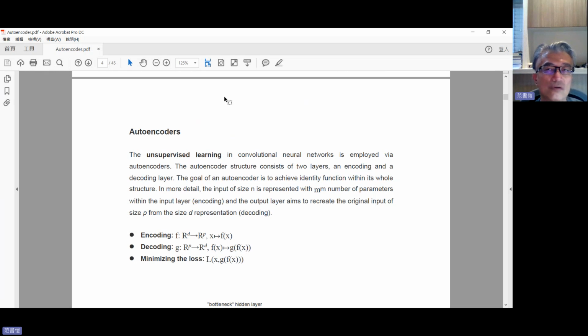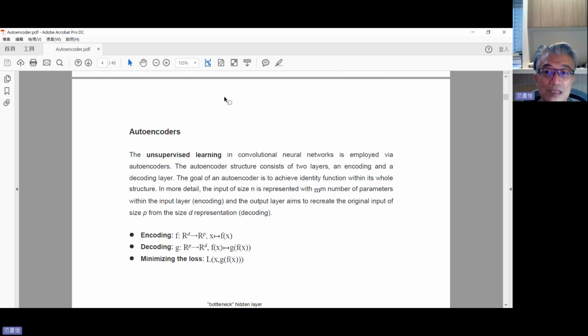We want to avoid an invalid training result where the input times the identity is simply equal to the output, which would make the decoding and encoding structure useless and in vain.